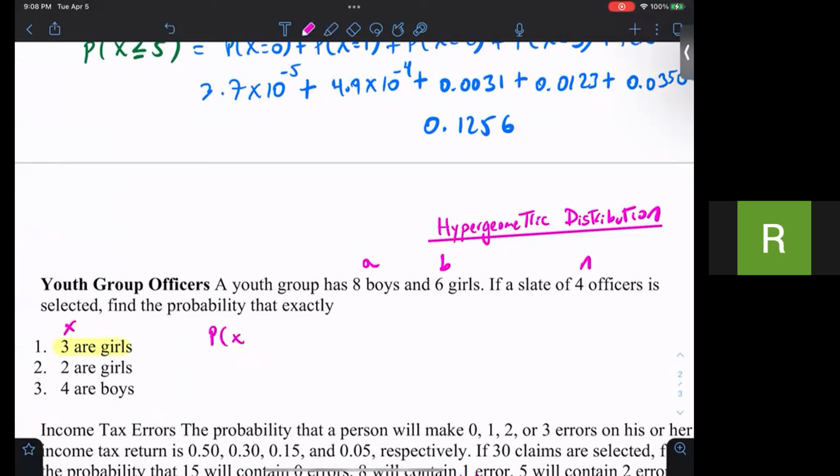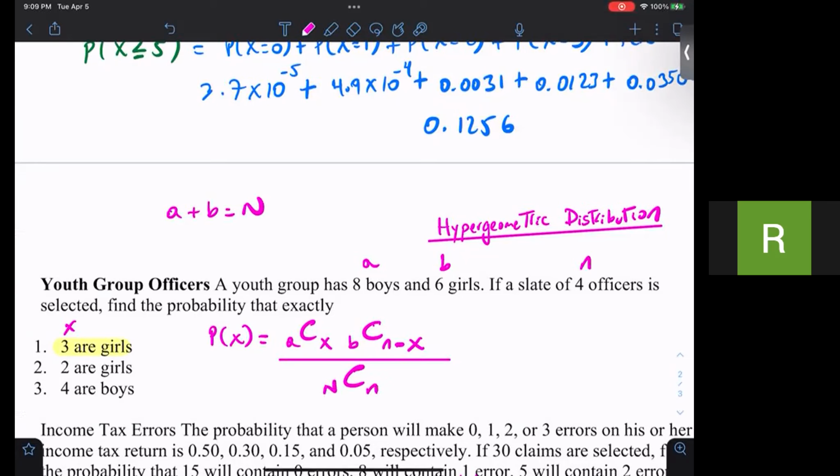The probability of X is A choose X, times B choose n minus X, over the population, A plus B, choose n, where n is the sample size.